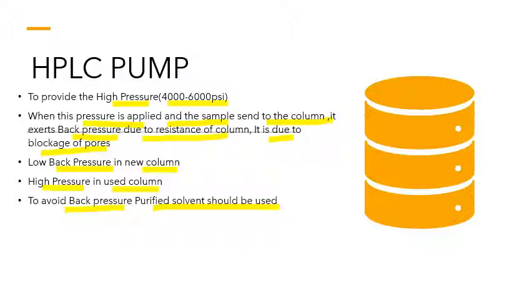So to avoid this back pressure, we have to use a new column, and purified solvent can be used. This is very important when we are applying high pressure through the HPLC pump.